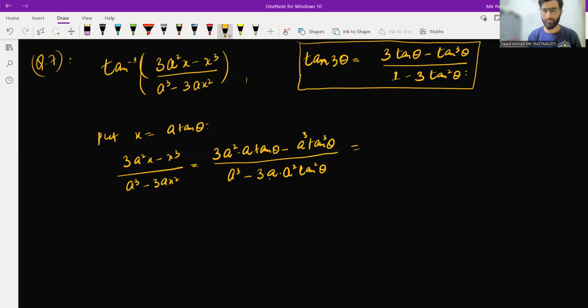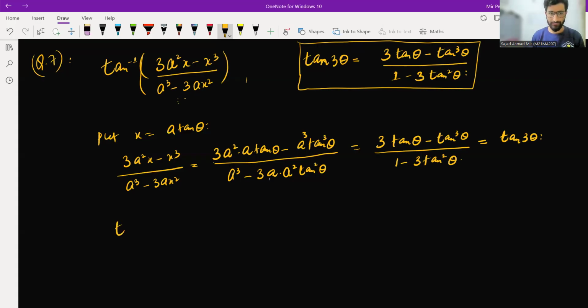Taking a cube common from all these things, we get 3 times tan of theta minus tan cube of theta divided by 1 minus 3 tan square of theta. So this is the internal part of this, and we know from the above identity we can write it in terms of tan of 3 theta.